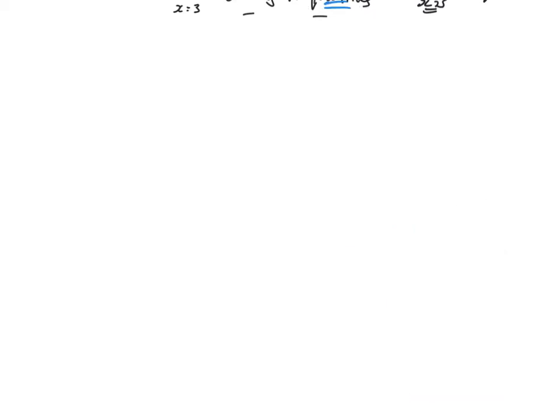Okay, example 6. 5 bracket 3x minus 1 is less than or equal to 7 bracket 2x plus 4. 5 lots of 3x is 15x, 5 lots of minus 1 is minus 5, is less than or equal to 7 lots of 2x is 14x, and 7 lots of 4 is 28.